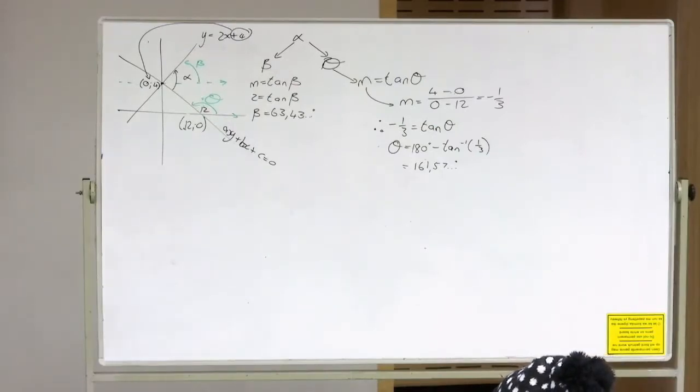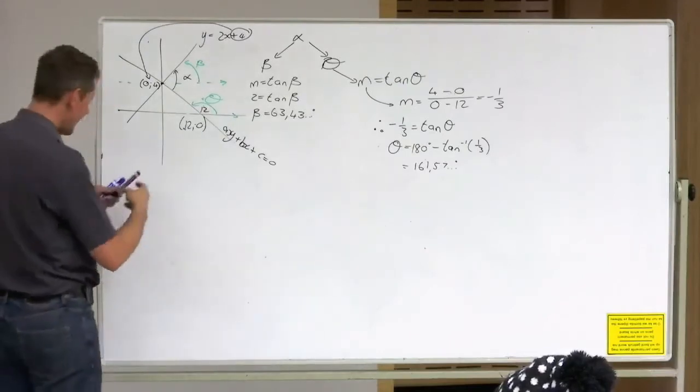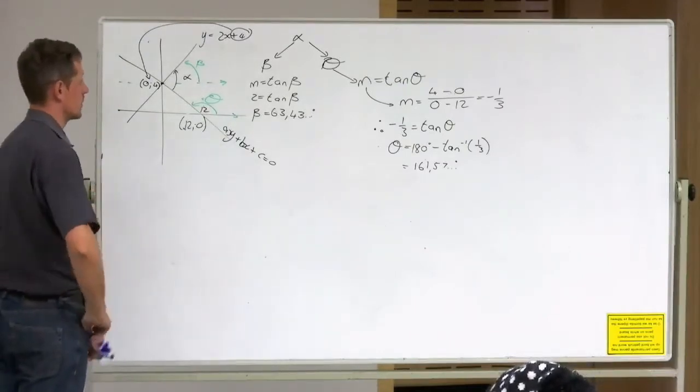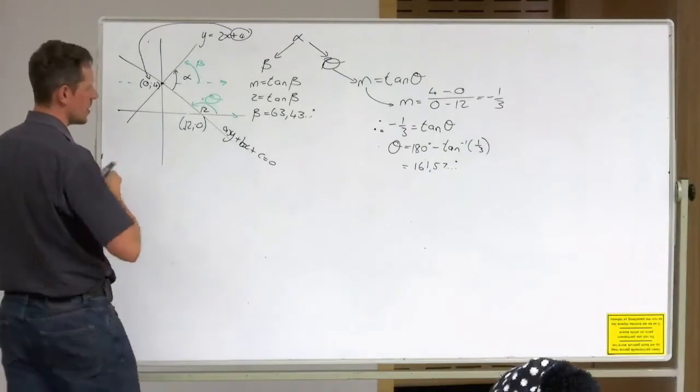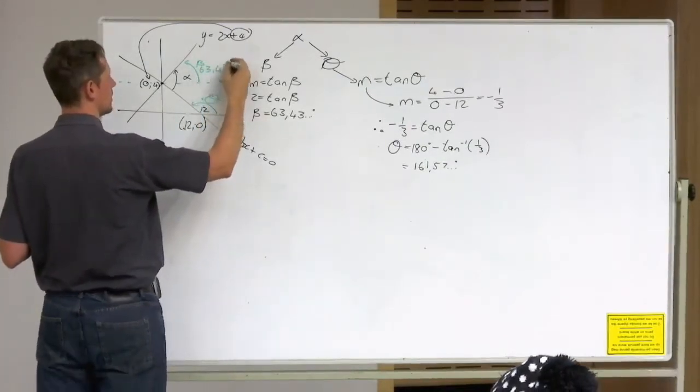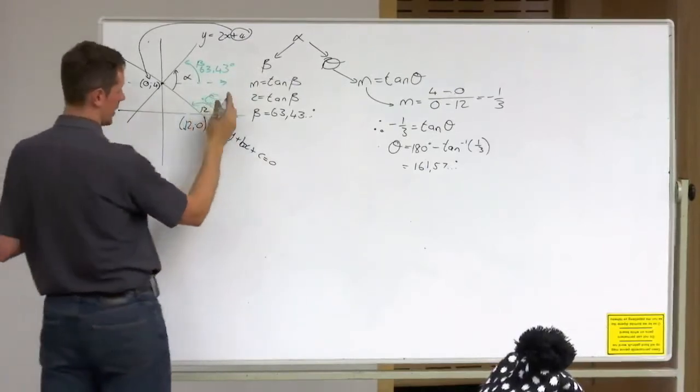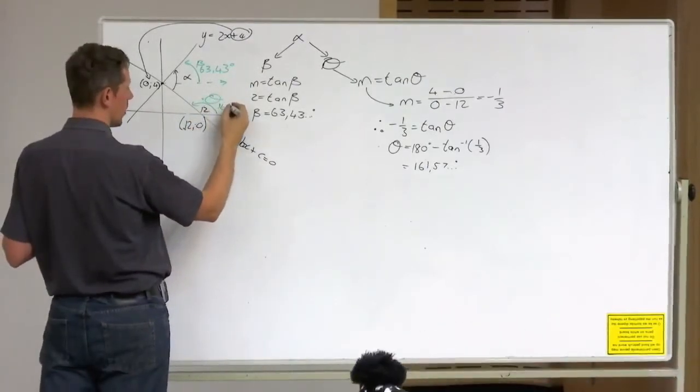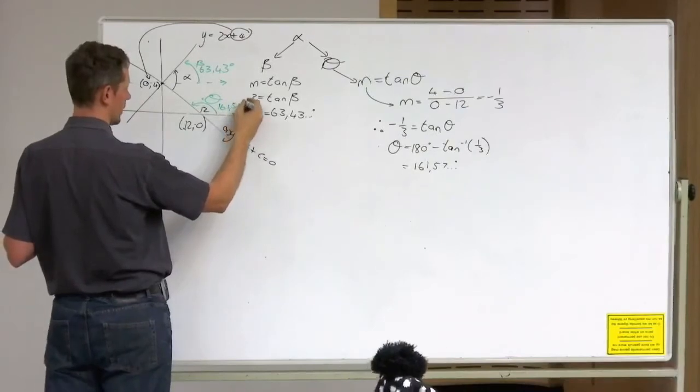But now the thing is, guys, I have beta as being 63,43. I have theta being 161,57.